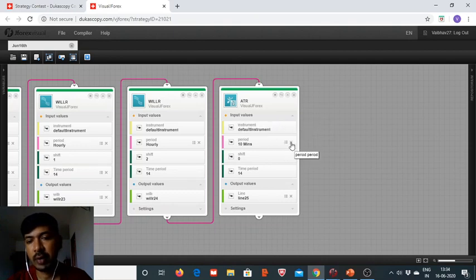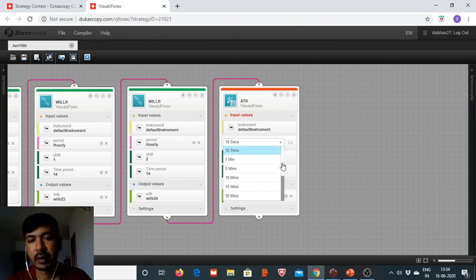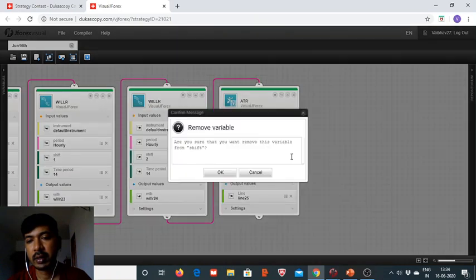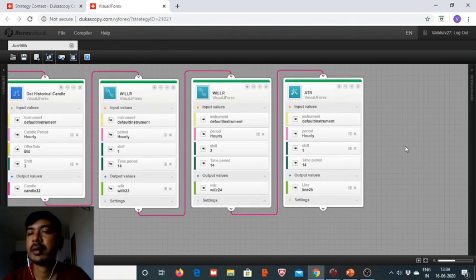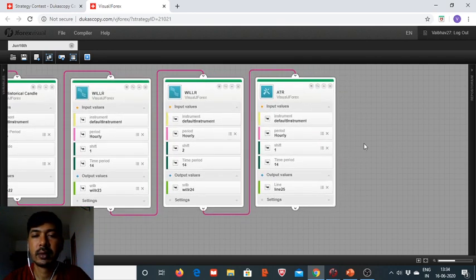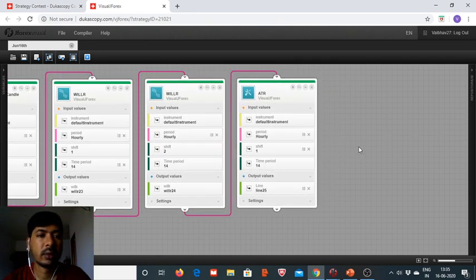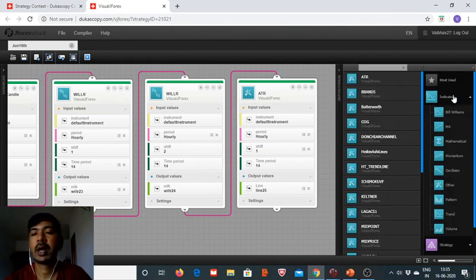Here we need to define this on the hourly time frame, and it will be shift 1, look back period will be of 1. So here we take this, and now okay, so here it looks good.